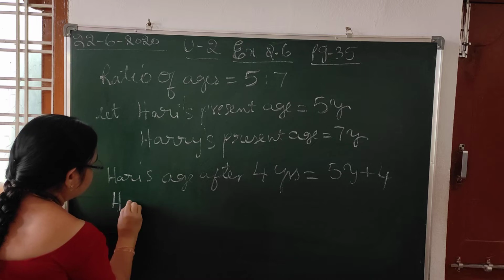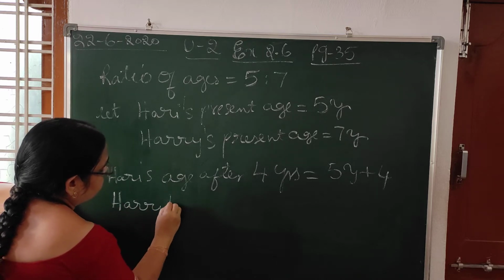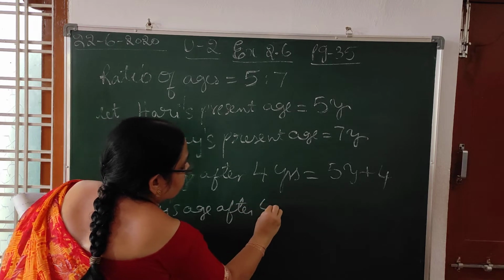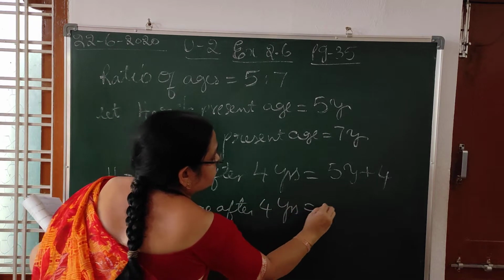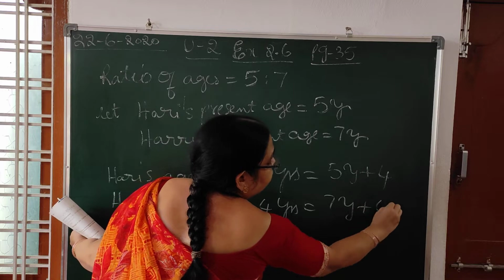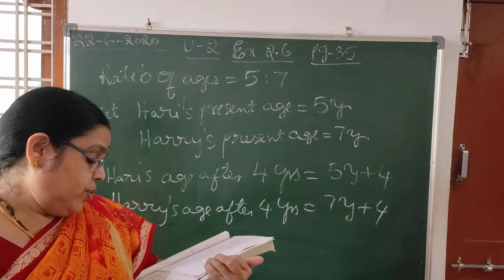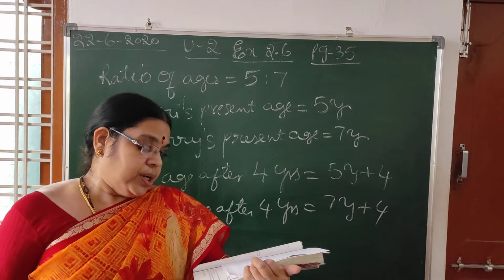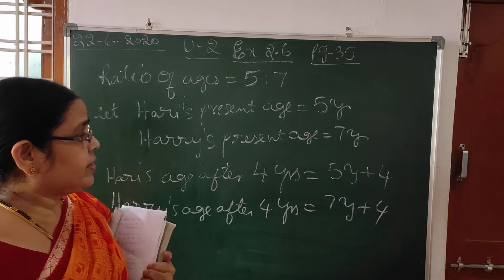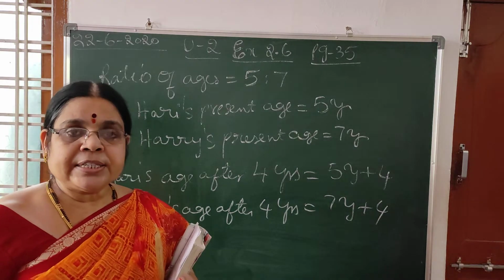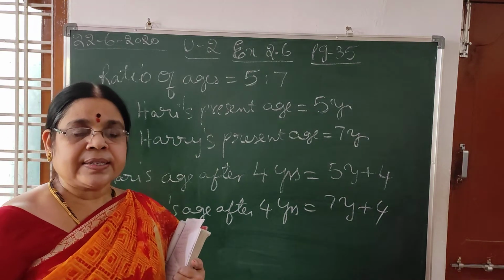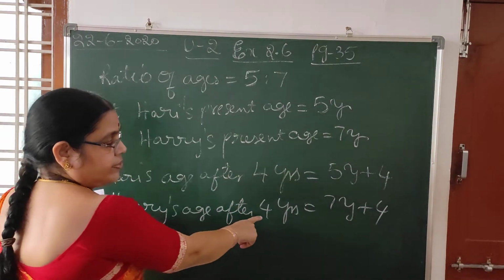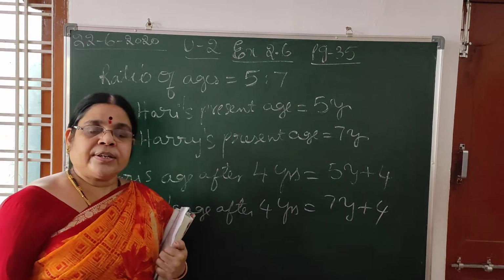Next, Harry's age after 4 years is 7y plus 4. Hari's age after 4 years is 5y plus 4, because now he is 5y. After 4 years, he will be plus 4. Like that only, Harry's age after 4 years is 7y plus 4.